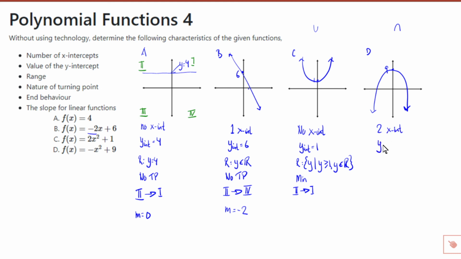Our y-intercept equals 9. Our range, well, the largest possible y value is 9, and then it goes down to negative infinity. So y such that y is less than or equal to 9, and as long as it is that, y belongs to the real numbers.